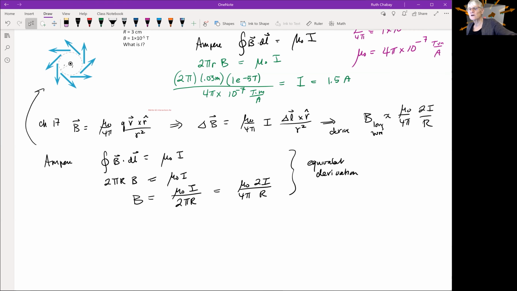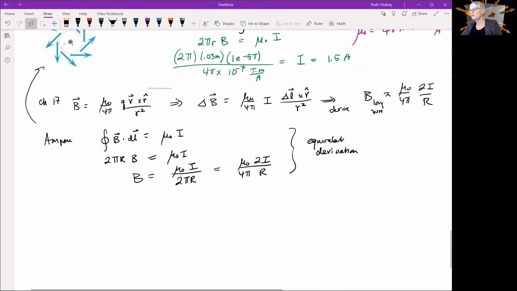There are some examples in the book of various other things we can derive in the textbook. We can get the magnetic field of a solenoid this way. A solenoid, remember, is just a really long coil.